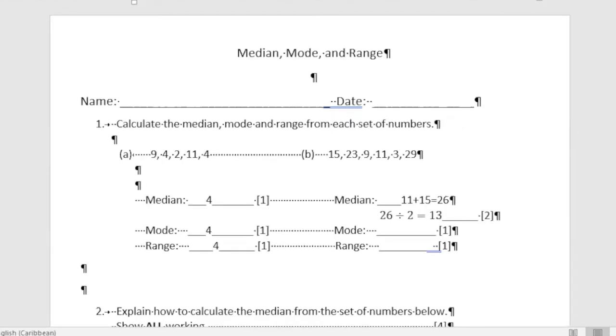Because all of the numbers appear once, no numbers repeated more than once. There is no repeat of any numbers, therefore there's no mode. All of the numbers in this list in question B appeared once, therefore there is no mode.